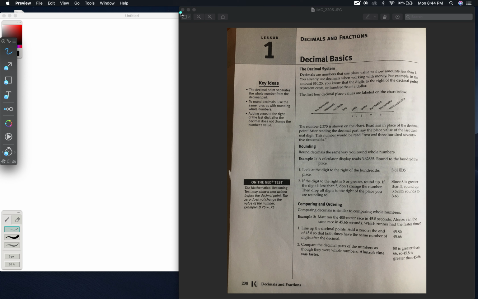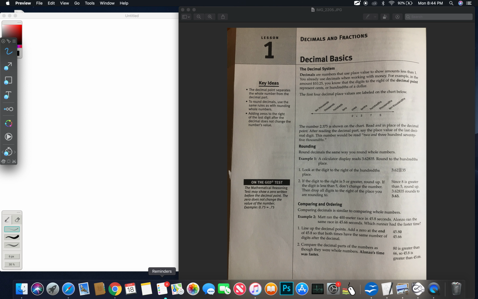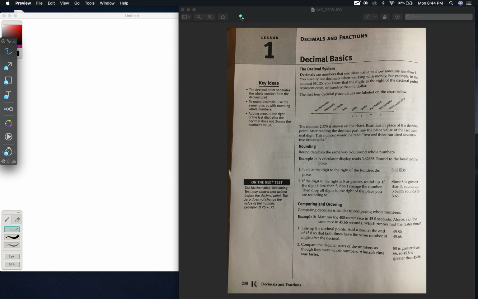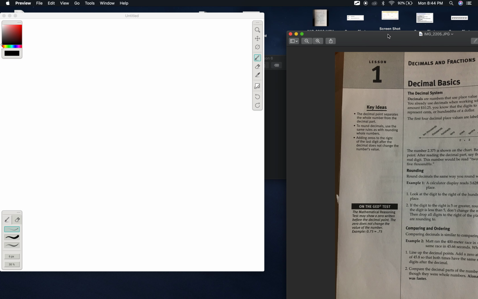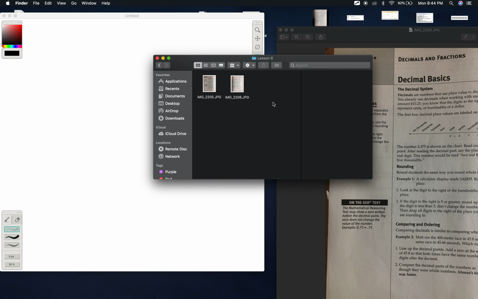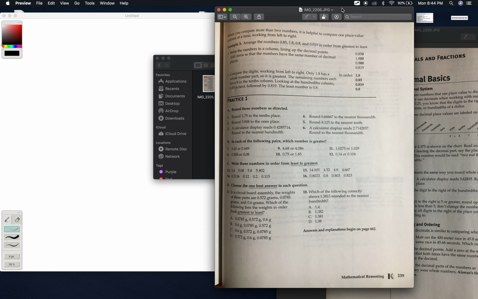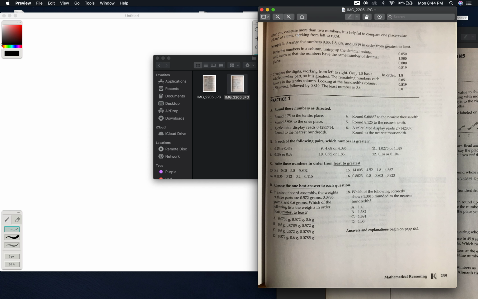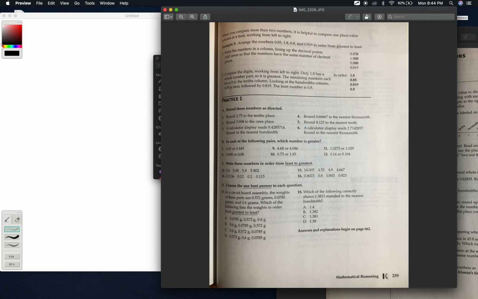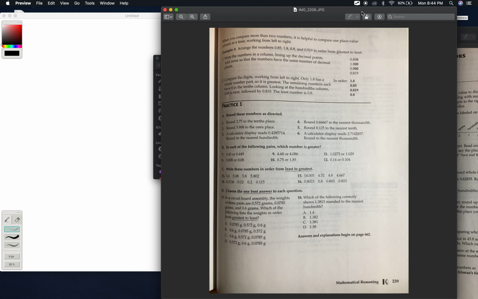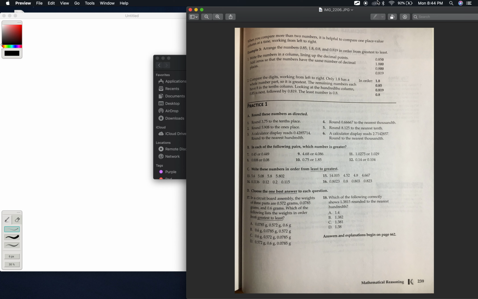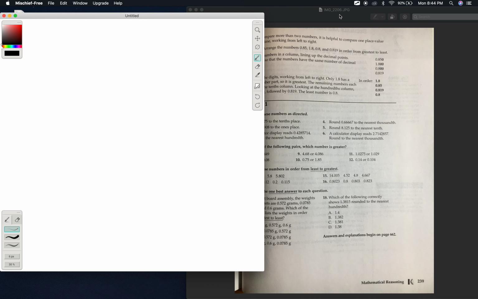And now we are going to the next page. Okay.